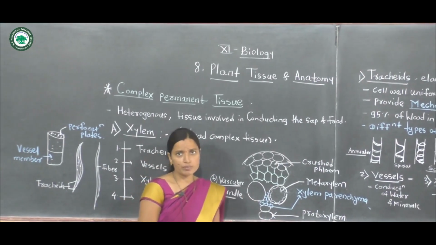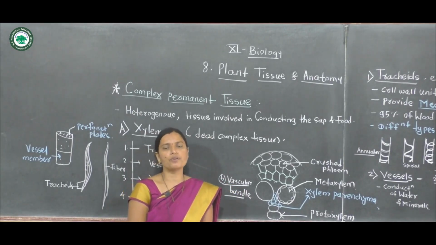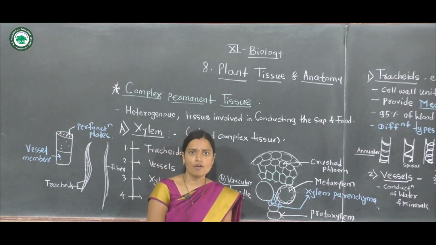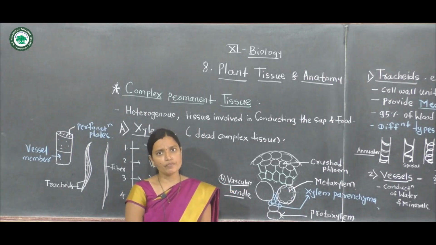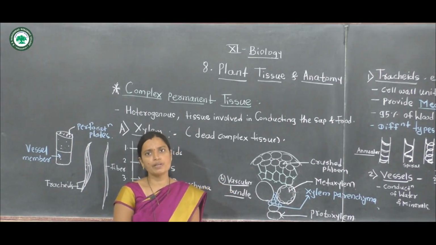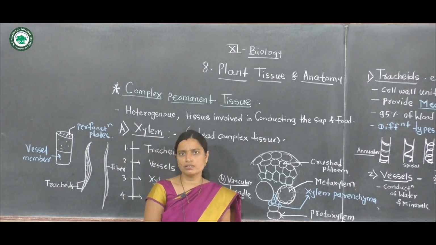The vascular tissues are xylem and phloem. In dicots, cambium is present between the xylem and phloem, and it has an important role in secondary growth.